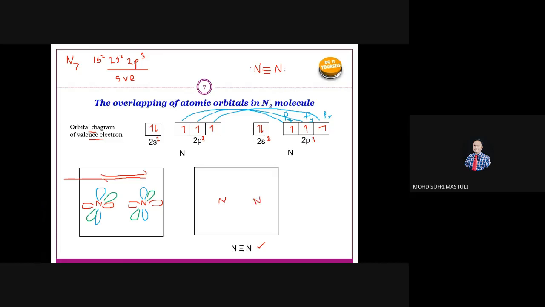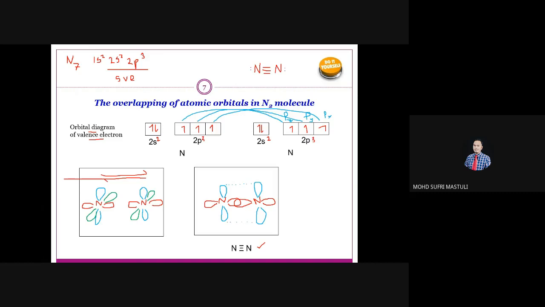So we know this Px will overlap to form one of the bonding, and then Py also overlap with the Py. We connect them with the dotted line to show the overlapping.